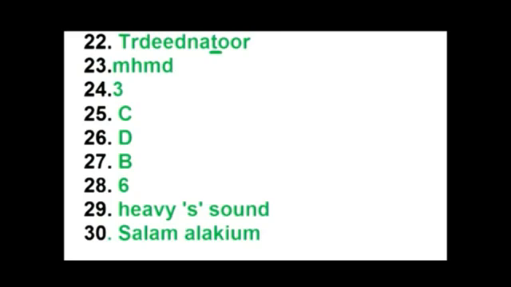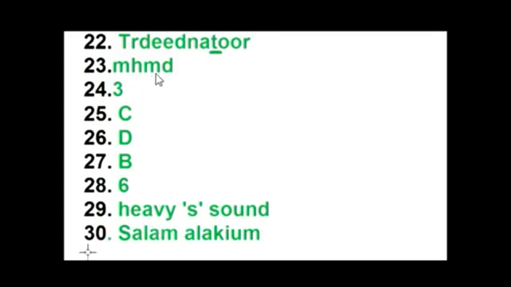For you, since it didn't have the short vowels, you would have passed with writing MHMD. 24, 3. 25, C. 26, D. 27, B. 28, 6. Was asking, I believe, how many letters in the Arabic do not connect. The answer was 6. Number 29, heavy S sound for the Sod.